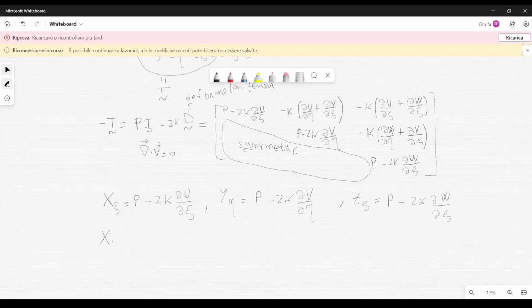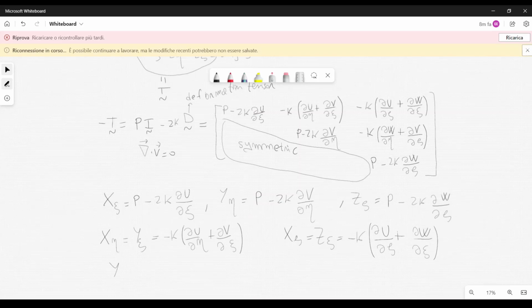Then we have xη equal to yξ equal to minus K du/dη plus dv/dξ. xζ is equal to zξ equal to minus K du/dζ plus dw/dξ.